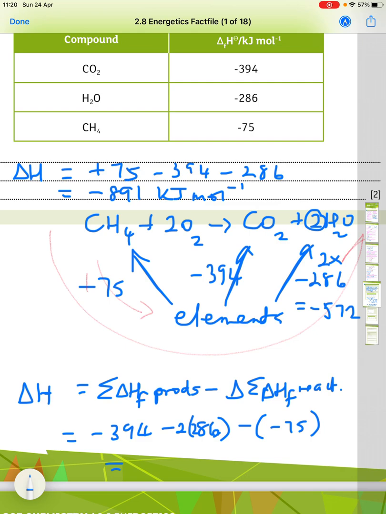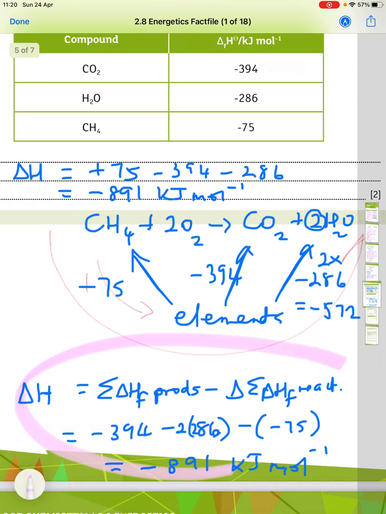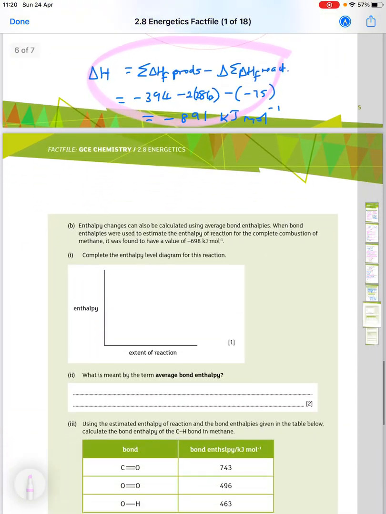It still gives you minus 891. So some people like to do it the second way with the summation. I prefer to do it the first way with the little cycle.